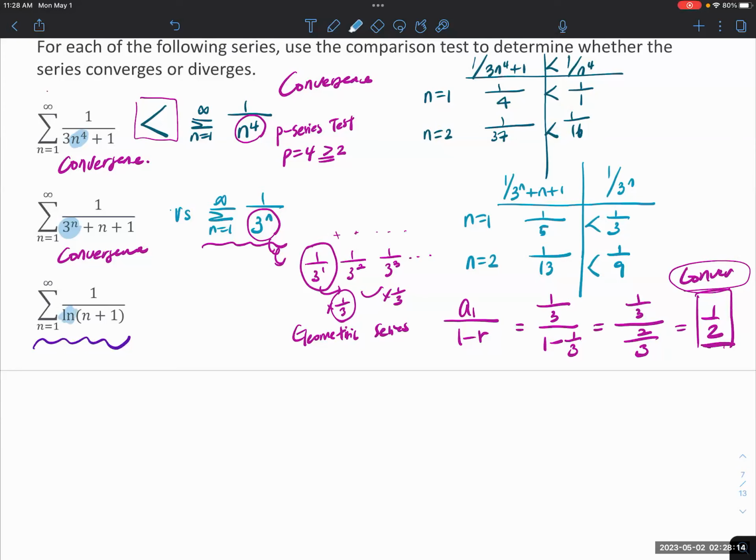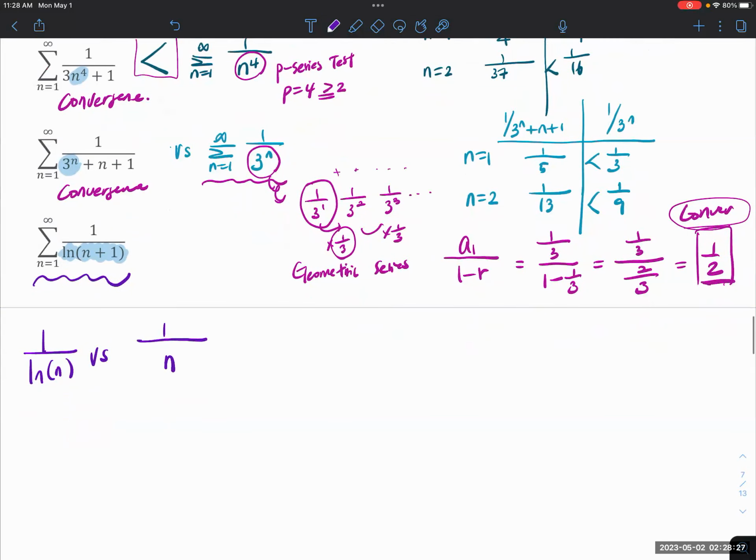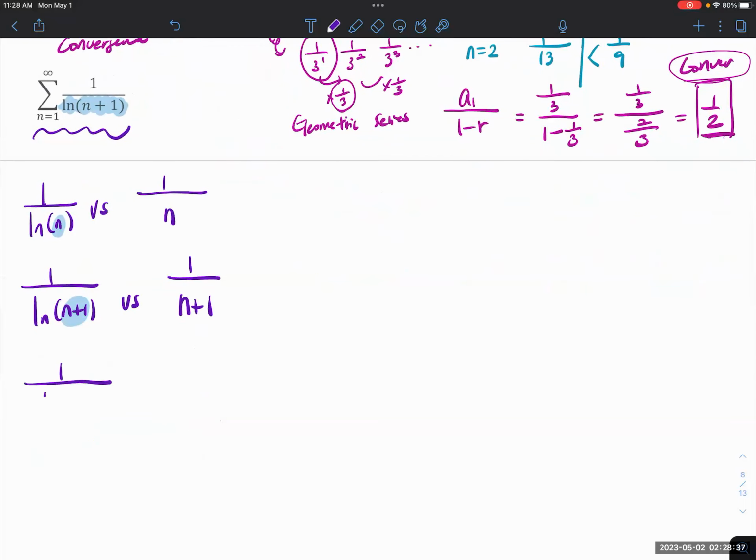Again, ln. One thing: if you have 1 over ln n, in the comparison you compare with 1 over n. If you have 1 over ln n plus 1, just look at this part, so you compare with 1 over n plus 1. That means if you have 1 over ln n plus 2, you compare with 1 over n plus 2.